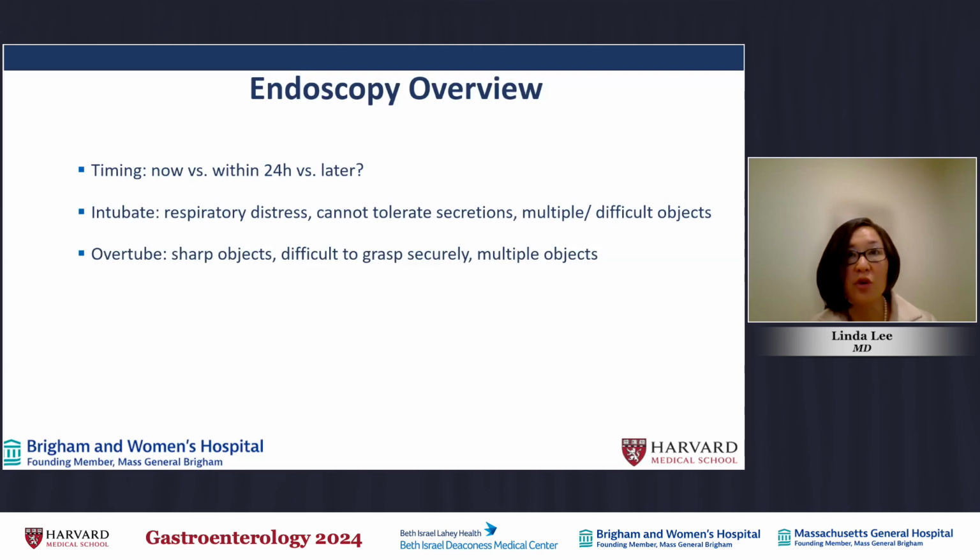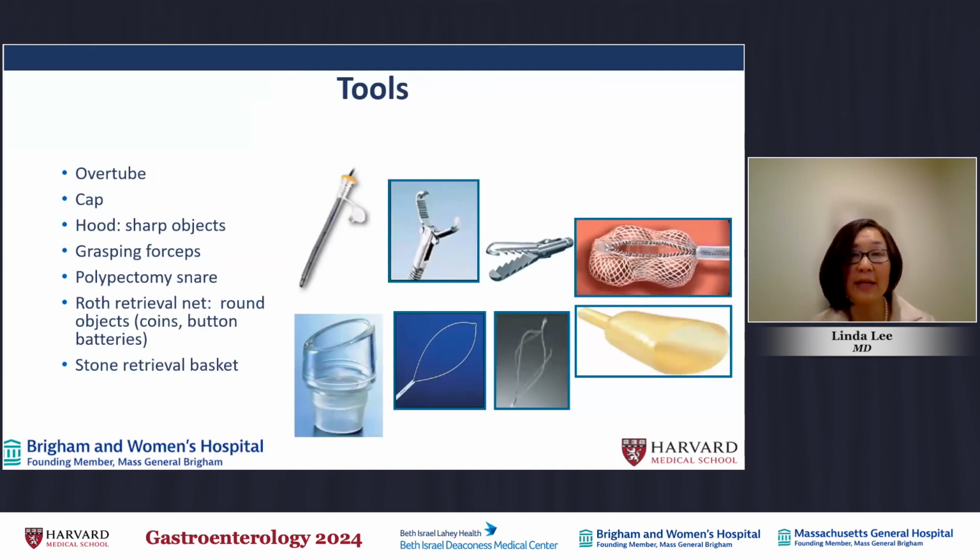You can certainly use an overtube, especially for sharp objects and things that are difficult to grasp, because you don't want to lose hold of them and have them go down the trachea. Or use one if you have to go back and forth, in and out multiple times, trying to retrieve a large food impaction, bolus, or multiple objects.